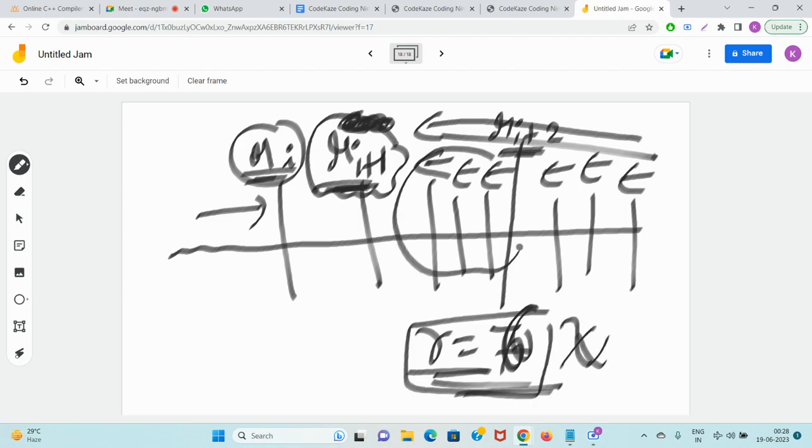Now you have crossed these three soldiers. So you again need to calculate the R properly, guys.